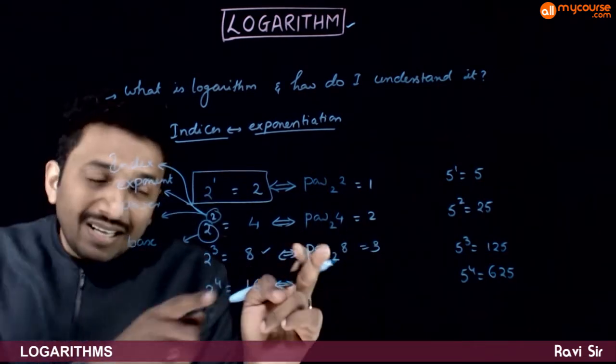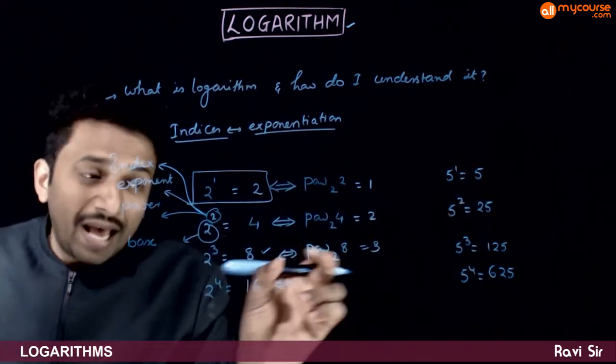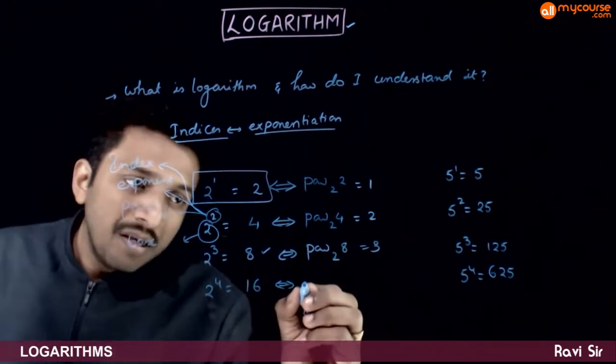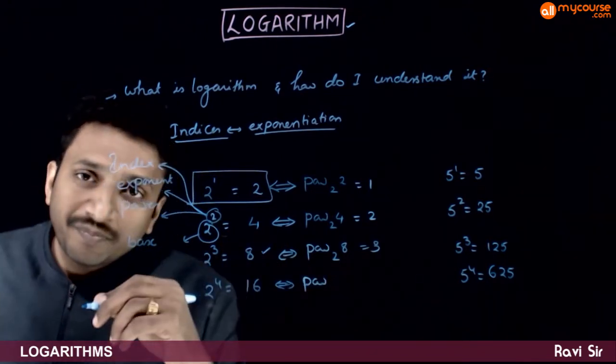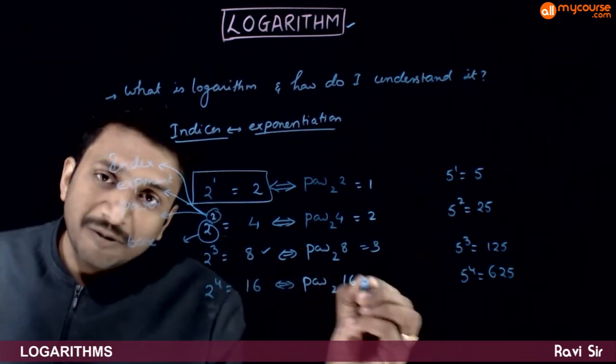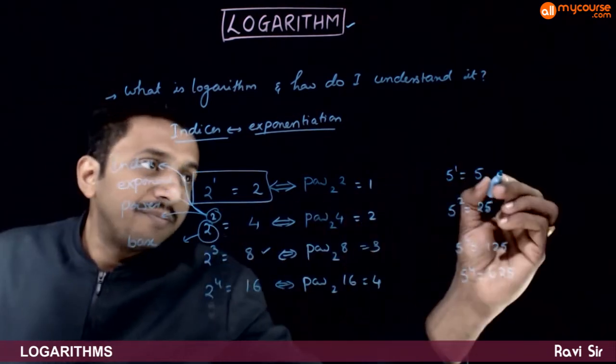Similarly, let me write this expression for each and every equation. So you have to be very careful and observe this equation very carefully. What is the power to which the base 2 has to be raised to get 16 as the answer? The answer should be 4. Now let's do the same thing here.